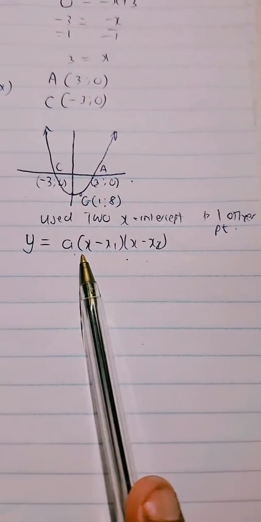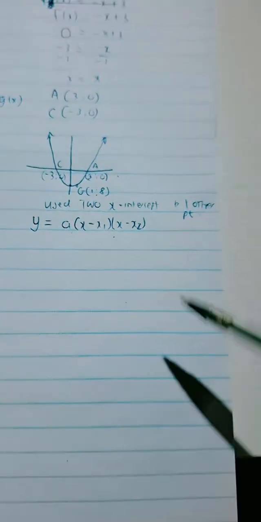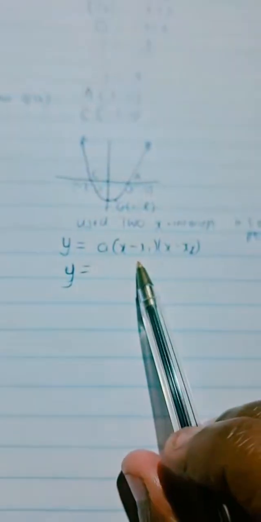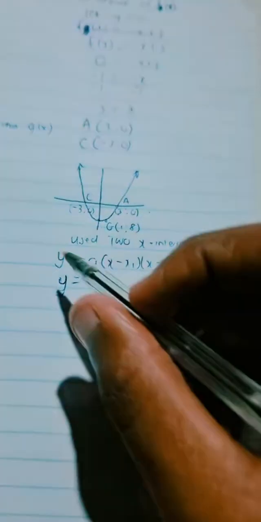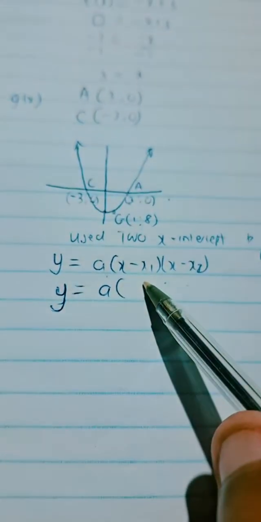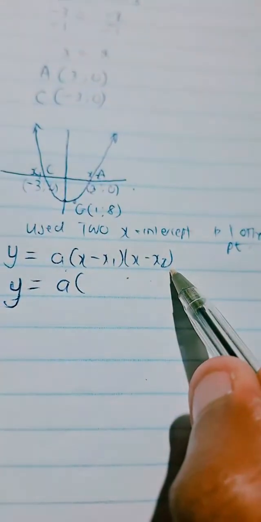Okay, so yeah, so x-intercepts, guys, one other point. So we can go ahead and find the equation then of this parabola. How? Y is equal to, we are going to just substitute the x-intercepts. So -3 is going to be our x1. +3 is going to be our x2.